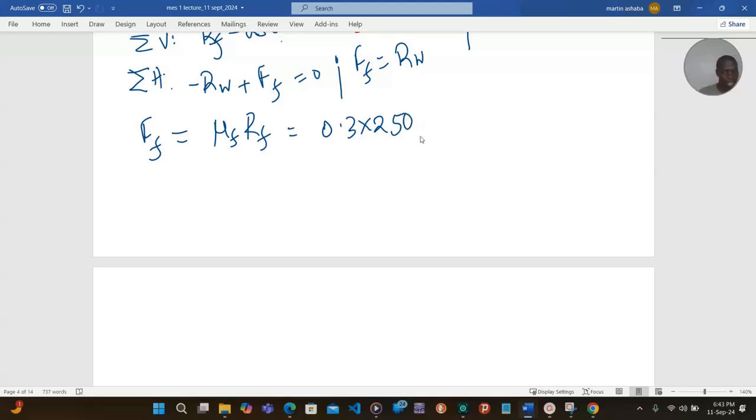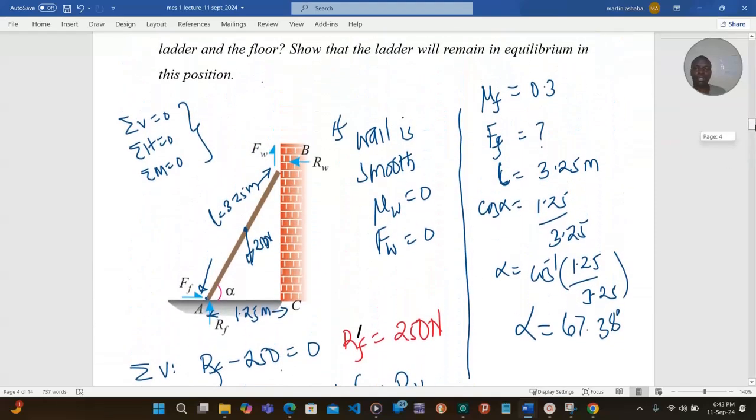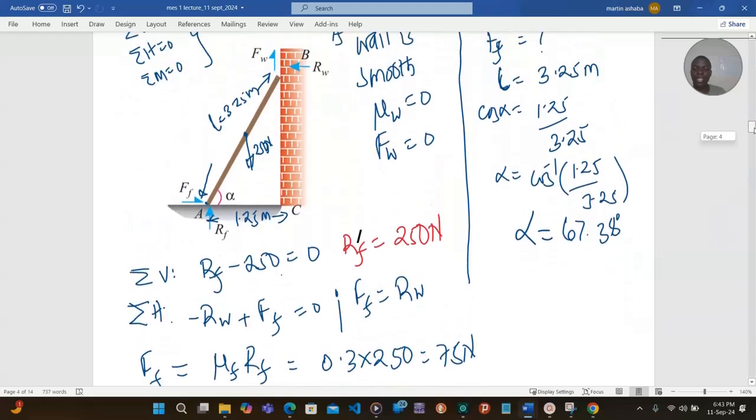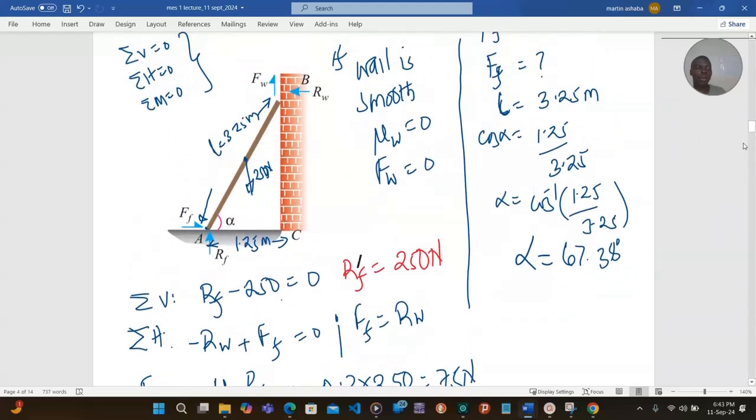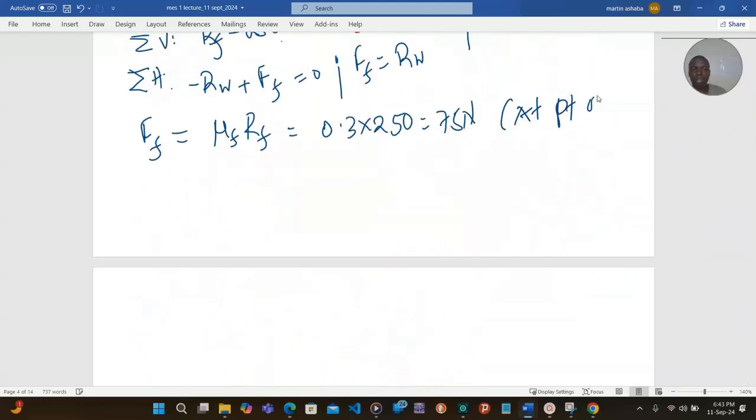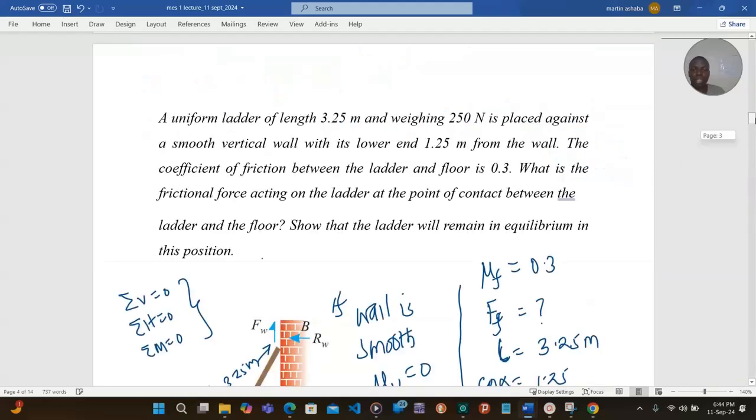This is going to be 75 newtons, and that is going to be our frictional force at the point of contact between the ladder and the floor.